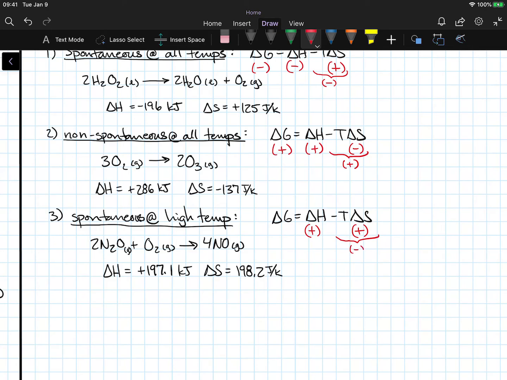This is a negative term, but that negative term has to be greater than the positive delta H term. So what we end up saying is that temperature must be large enough for T delta S to be greater than delta H, so that delta G can be less than 0.